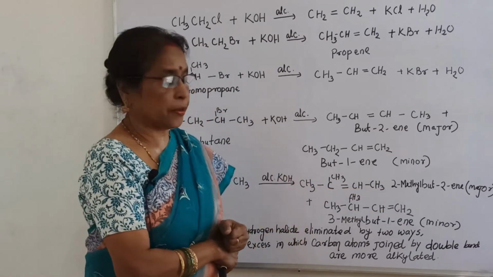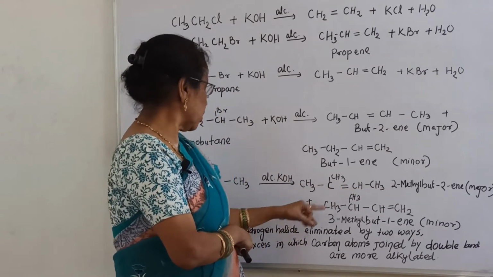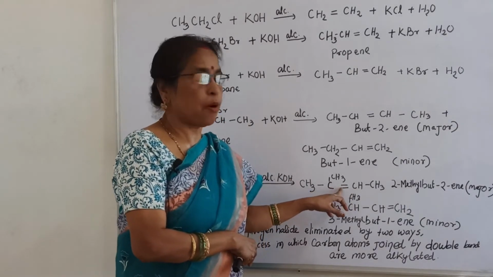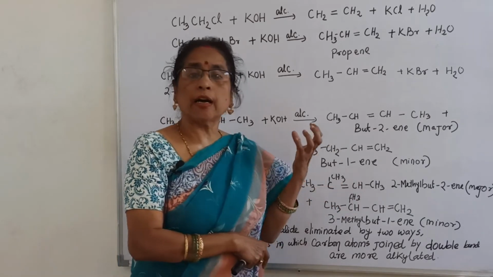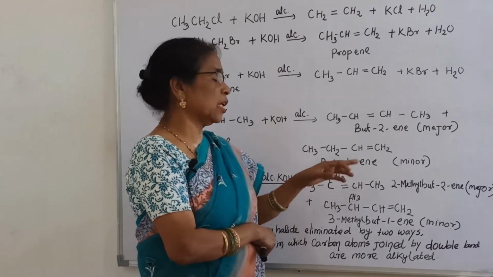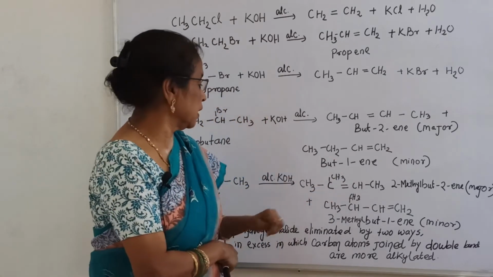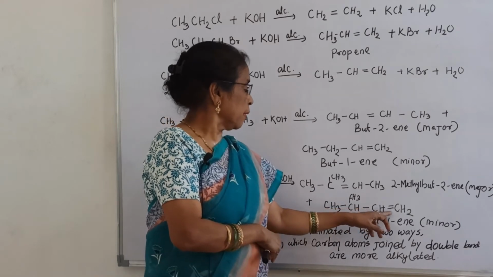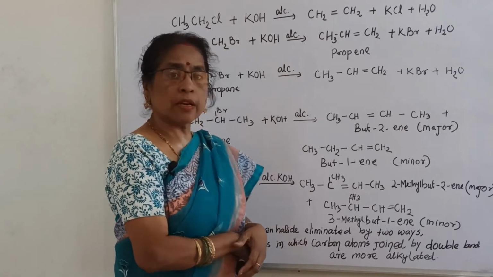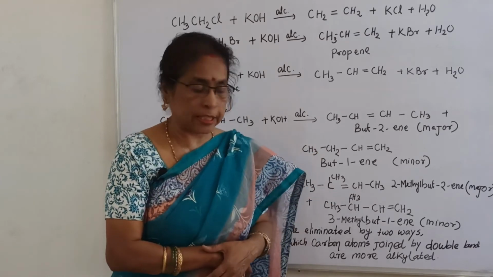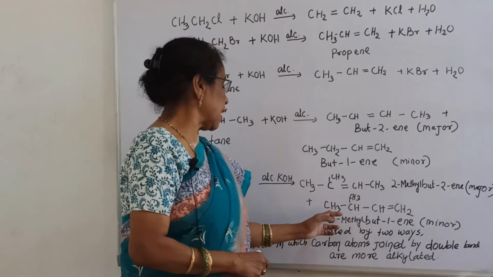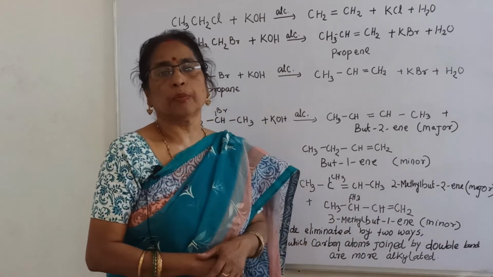Then why? Because, as I told, according to the Saytzeff rule, for the carbon atoms joined by the double bond you see how many alkyl groups there are. This side 1, this side 2, totally 3 alkyl groups in this case. And in the other, for the two carbons before and after the double bond, on this side there is no alkyl group, but on this side there is an isopropyl group, only one.